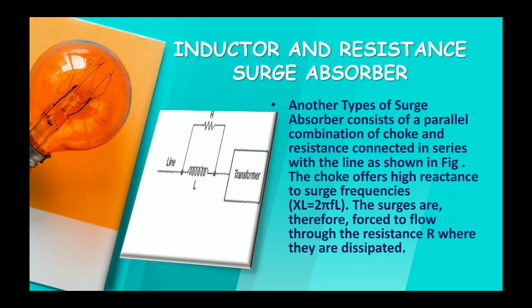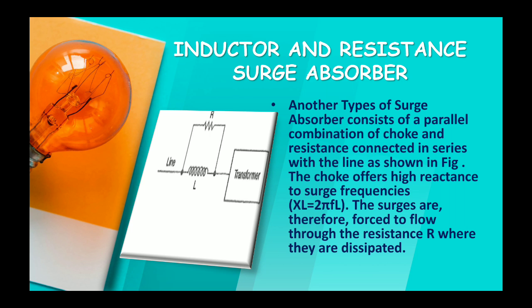So when the surge occurs, the value of XL is increased due to the increased frequency, since XL equals 2 pi fL. So this surge current cannot flow through the inductor. It flows through the resistance, and it is dissipated in the resistance.